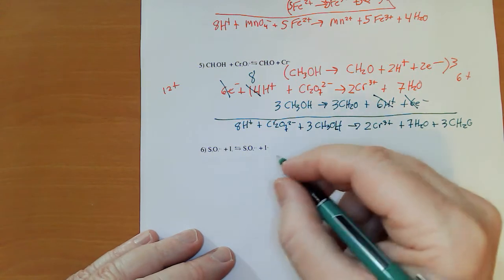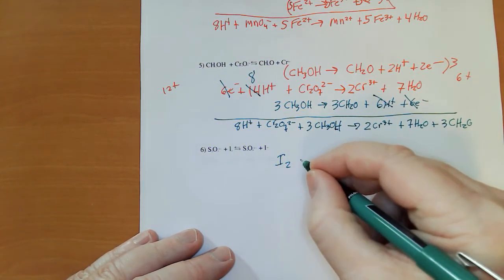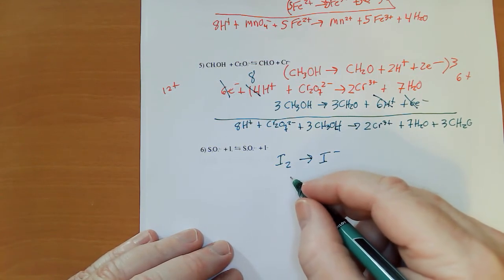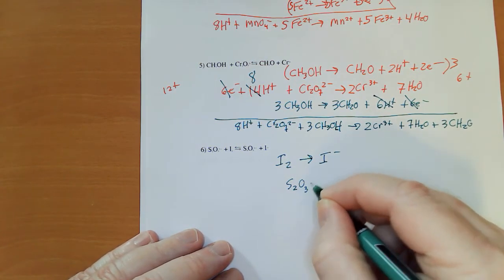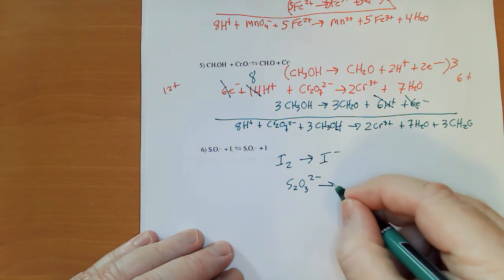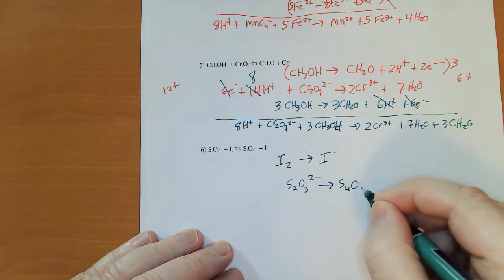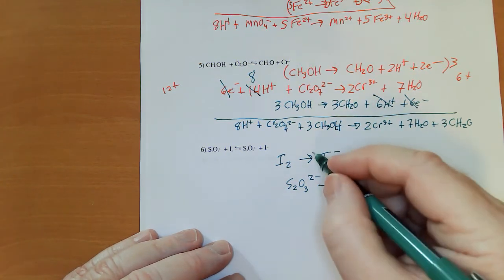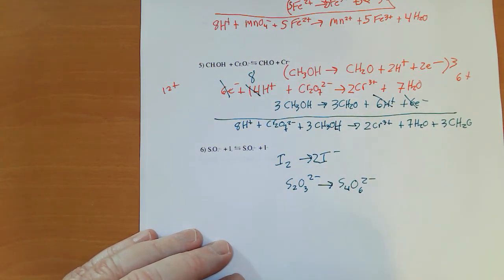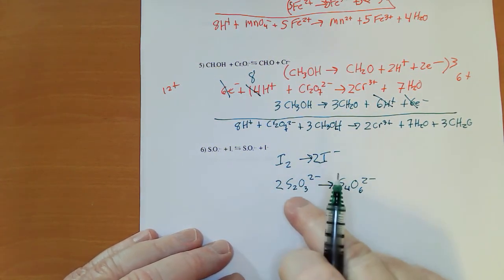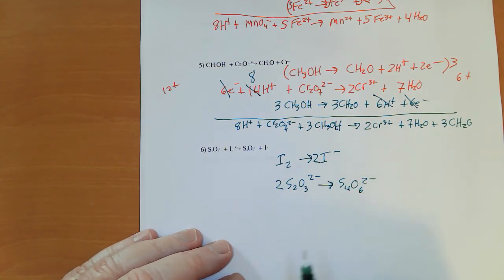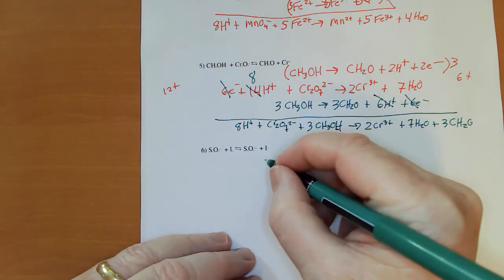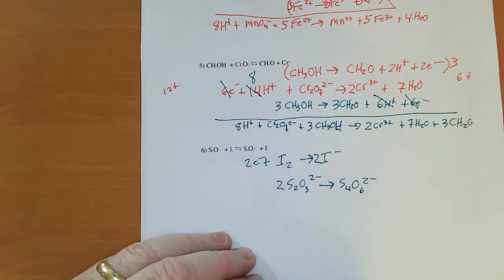One last one. I2 is going to I minus, and S2O3 2 minus is turning into S4O6 2 minus. So I need to put a 2 in front of that, and I need to put a 2 here because 2 S's and 4 S's. Suddenly I'm realizing everything is kind of falling into place.